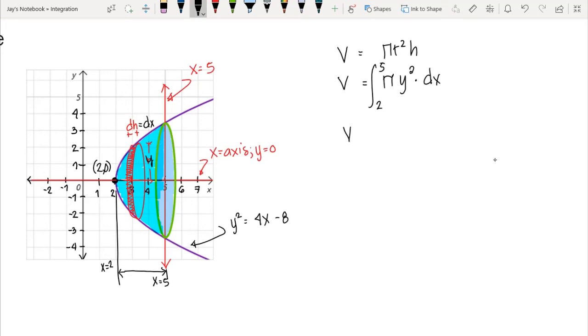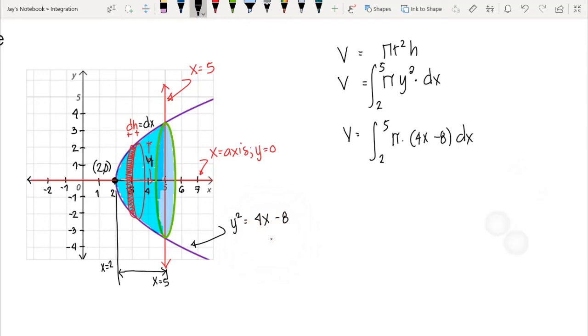Now, since we are integrating with respect to x, we need to change our variable y here into a function of x. Now, we know that our curve here has an equation of y squared is equal to 4x minus 8. Then we can say that y squared here is equal to 4x minus 8. So we have 4x minus 8, then dx.